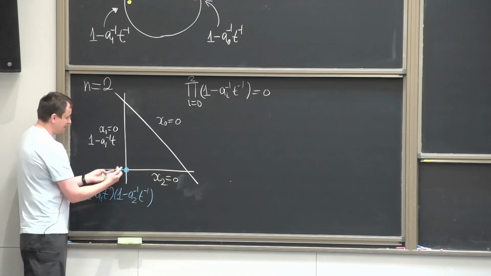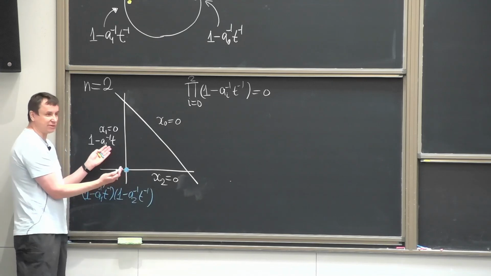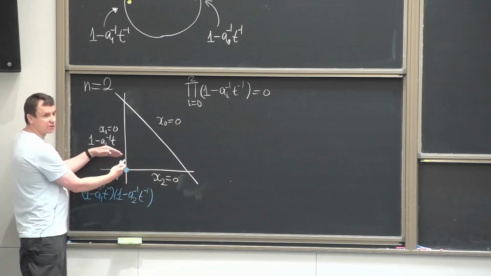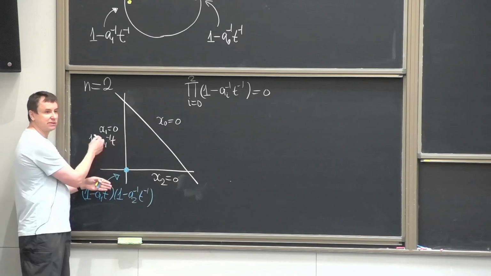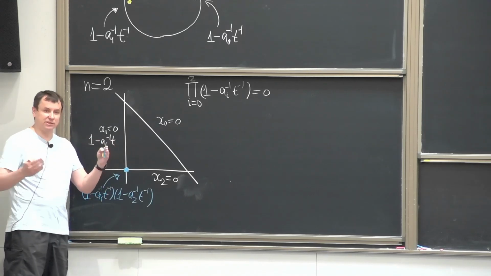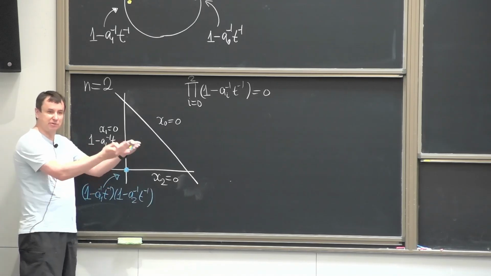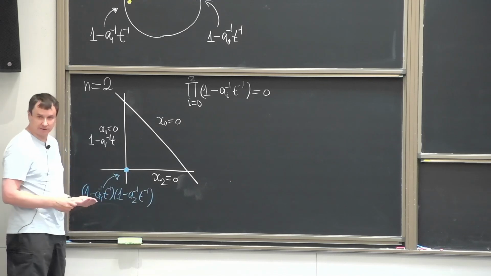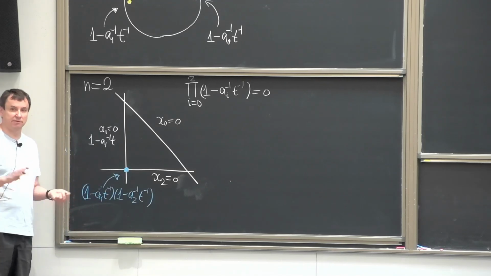How are we supposed to resolve the equation when x1 is equal to 0, x2 equal to 0? Well, we have two equations, two generators in the ideal, and there will be one relation. Is everybody with me?